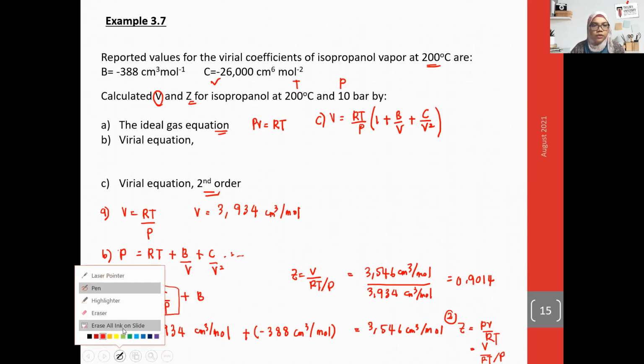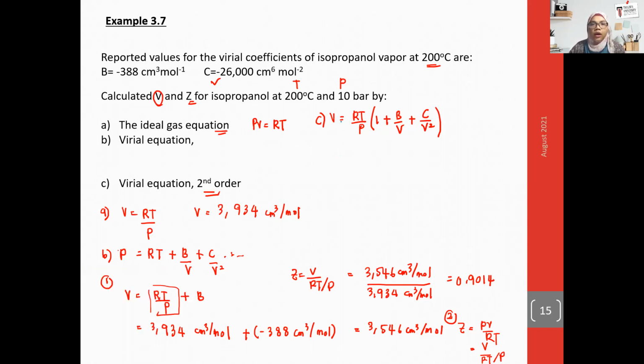Let me explain to you. Basically we need to perform the iteration for this equation because we don't have the exact value of V. So we need to iterate until we find that V at the outside is almost similar to V in the inside. So let's start with an example. We have V1 here.